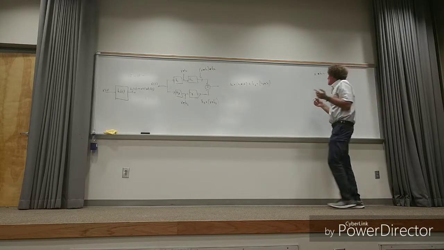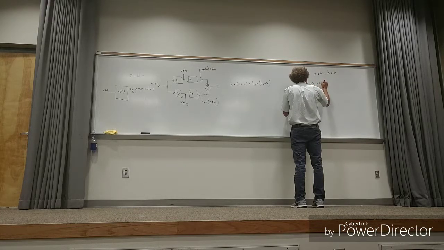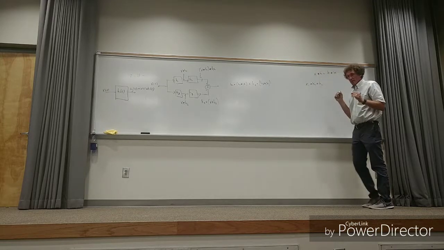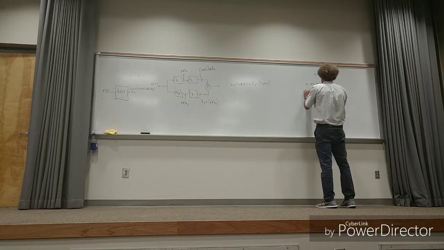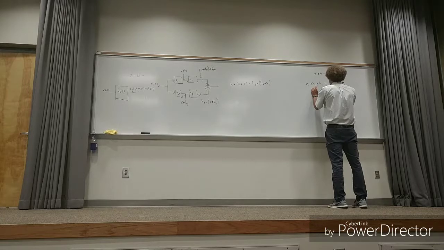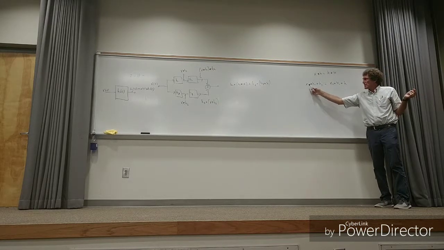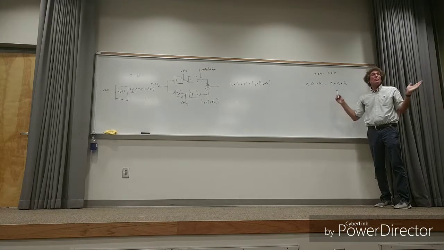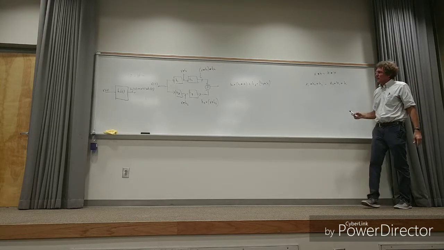Now, if you have x1 convolved with x2 convolved with h1, this is the same thing as x2 convolved with x1 convolved with h1. The order that you do these doesn't matter. You could put this as h1, this as x2, and this as x1. The order doesn't matter in convolutions. Does everybody understand that?